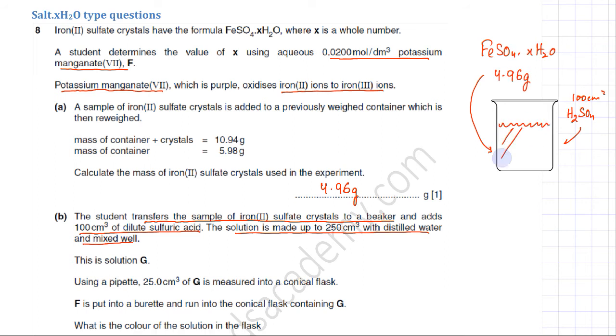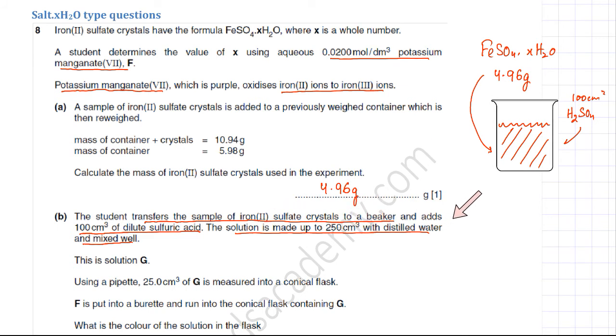You're going to mix this. Remember that there would be no reaction occurring. FeSO4 and H2SO4 don't react. You're only using this acid to dissolve this salt. So this salt is being dissolved in an acidic solution, and once the salt is dissolved, it's transferred to a volumetric flask. The solution is made up to 250 cm³ with distilled water.